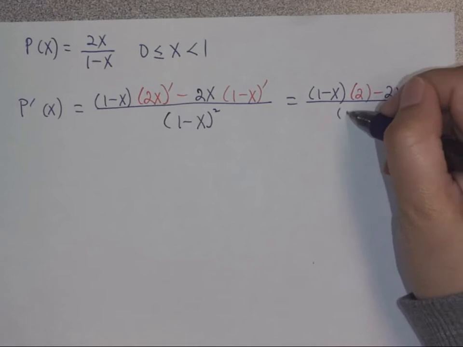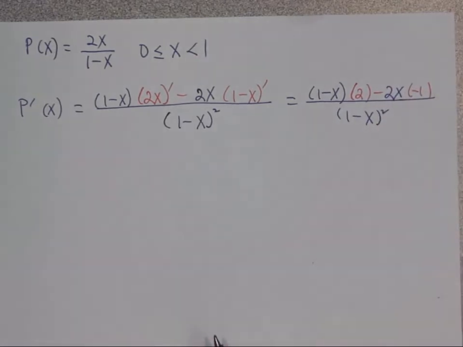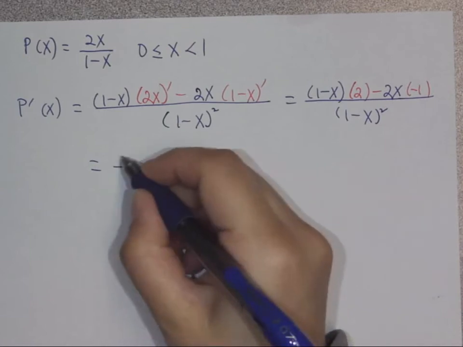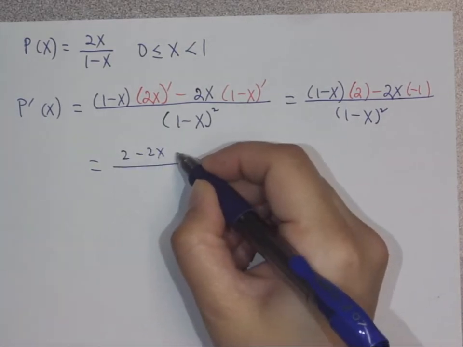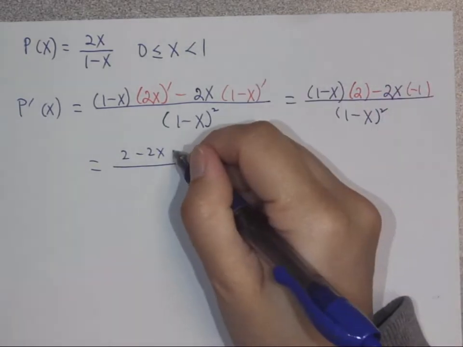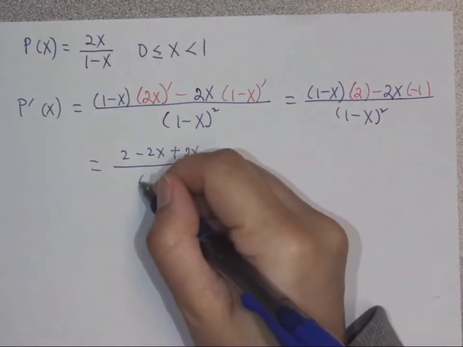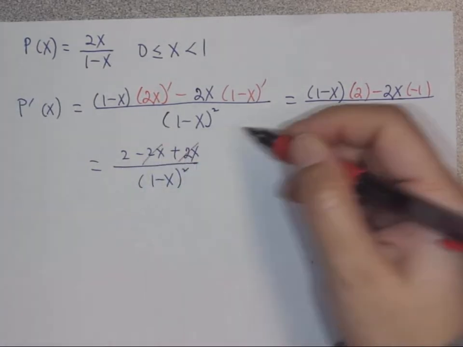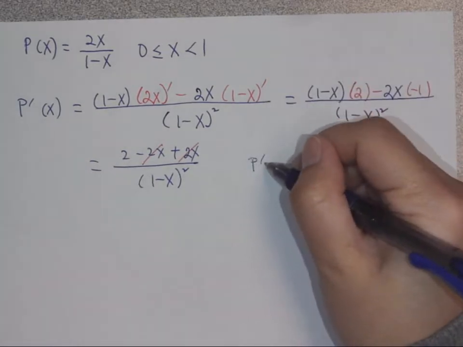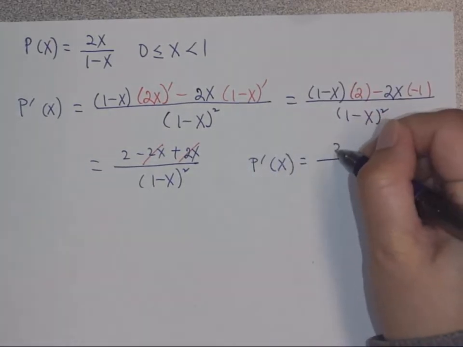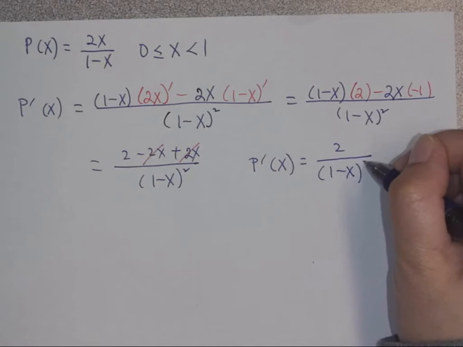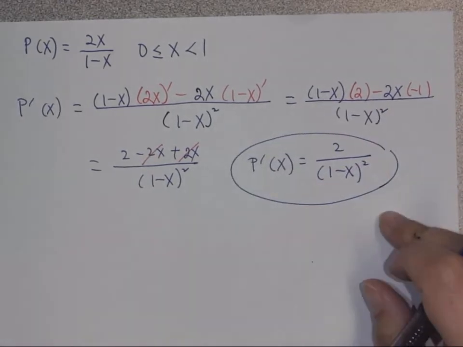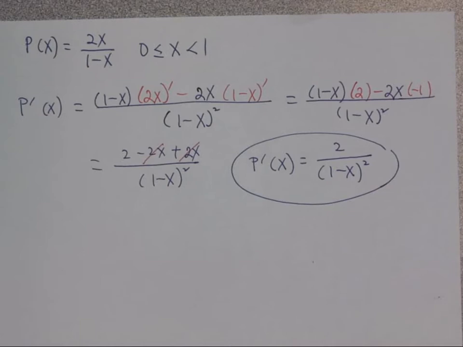And then 1 minus x squared on the bottom. Are we okay? Together we have 2 minus 2x, negative times negative is positive 2x, over 1 minus x squared. Looks like we can cancel this part. So p prime of x is equal to 2 on top, 1 minus x squared on the bottom, right? Using that, we can find the increasing and decreasing intervals.